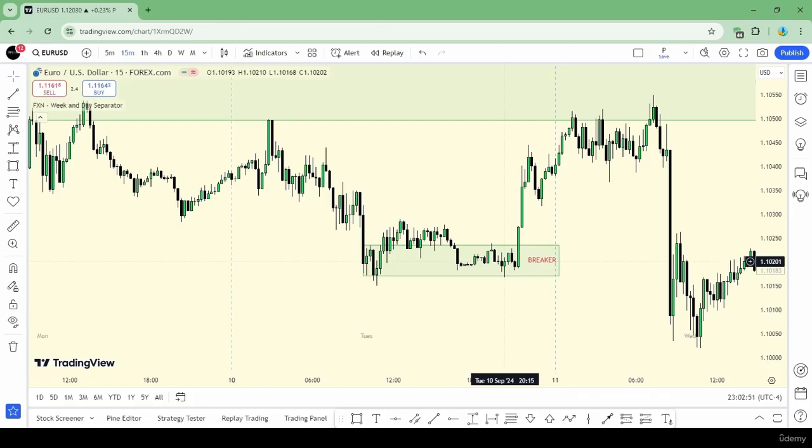So if you are an Asian trader, or if you want to wait for the market to do all this so that you may enter, that's up to you. I can also see that even during this period, we have these three down up close candles. These are also our breakers.